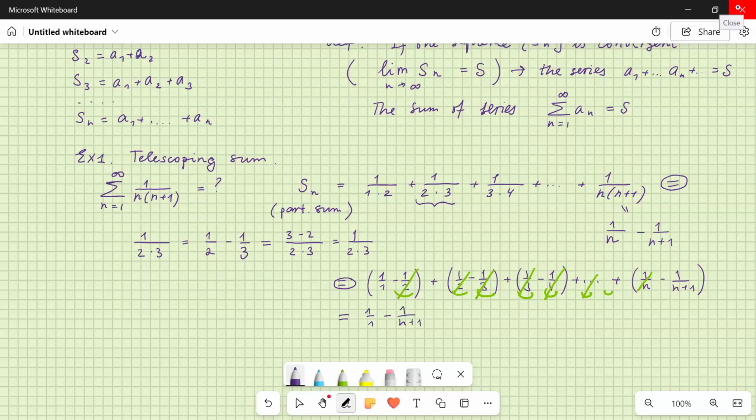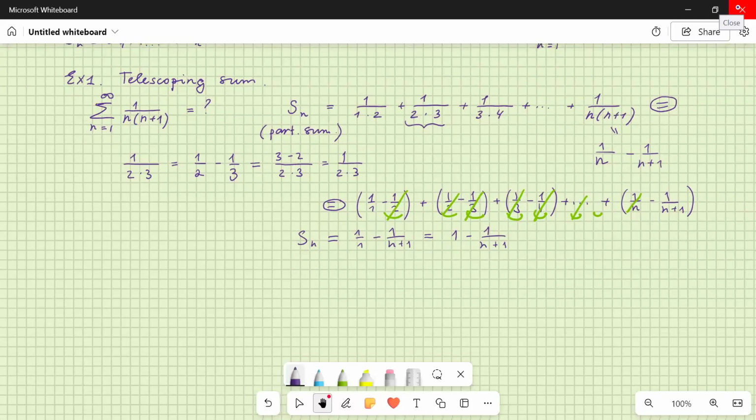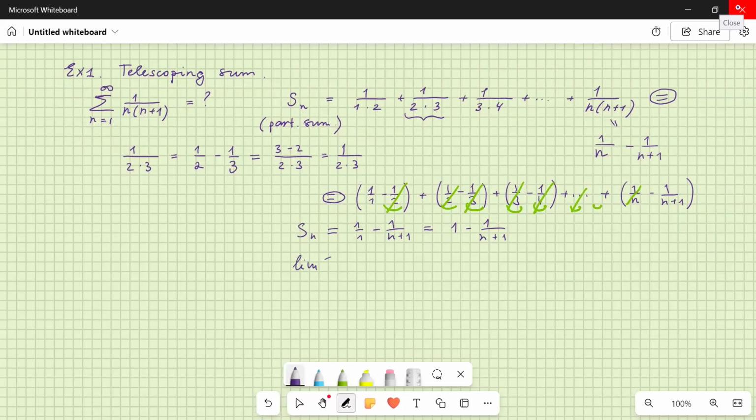So the nth partial sum, S_n, equals this expression: 1 minus 1 over n plus 1. That's a nice expression, right? Can we figure out what the limit of S_n is going to be? The limit of S_n as n approaches infinity is the limit of 1 minus 1 over n plus 1 as n approaches infinity.